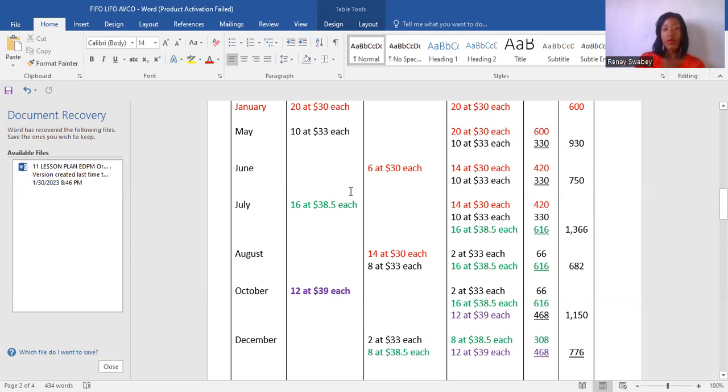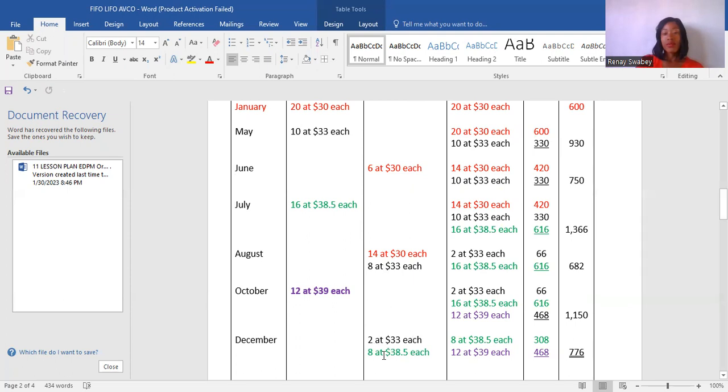And that is the amount that was left over from selling the 8 items. So because we sold all the items we purchased in May, we're not going to multiply the 2 by the 33 anymore because that is finished. It's done. We have nothing else from that May case of items to sell.